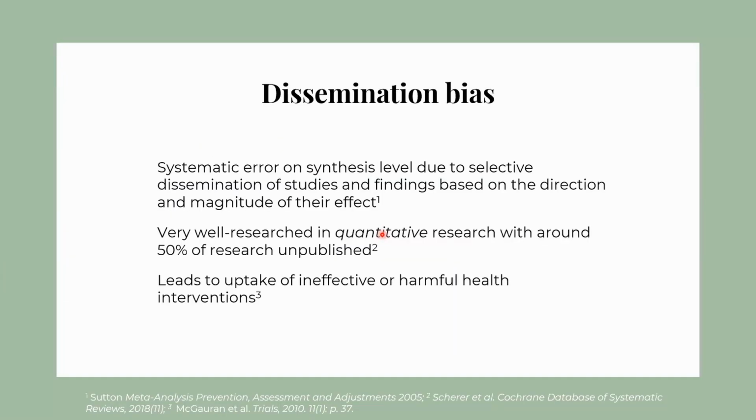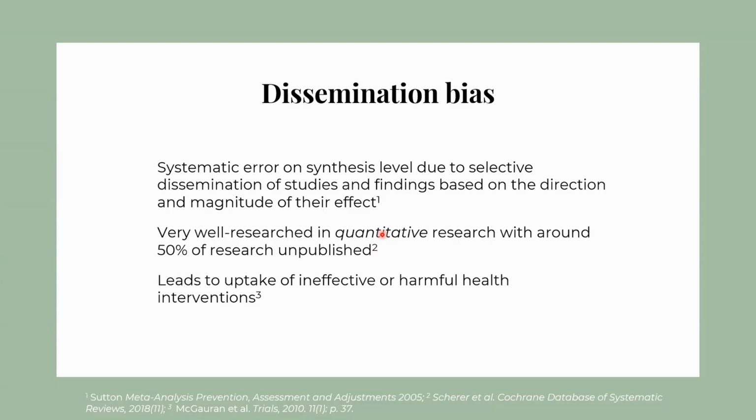Dissemination bias is a systematic error on synthesis level due to the selective dissemination of studies and individual findings based on the direction and magnitude of their effect. This issue is very well researched in quantitative research, with around 50% of research remaining unpublished.